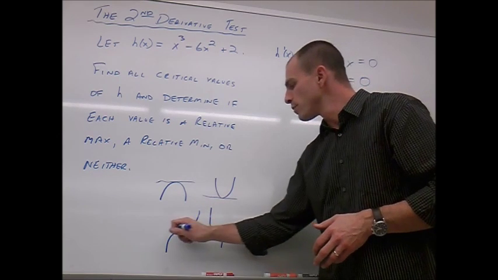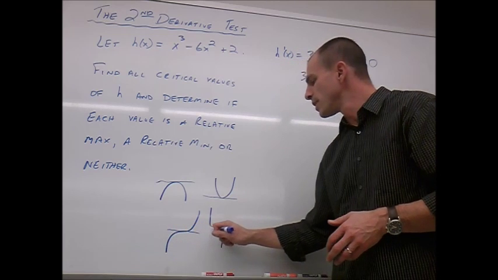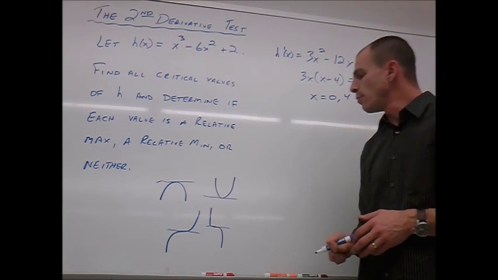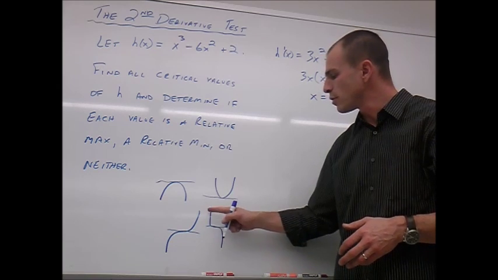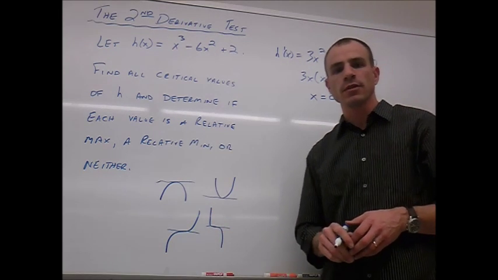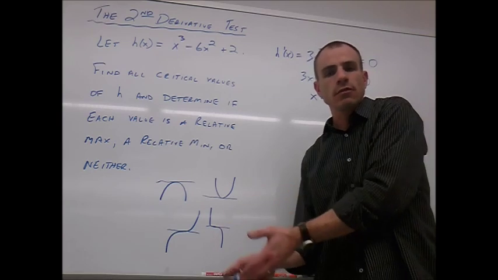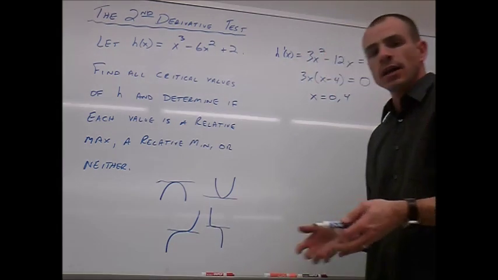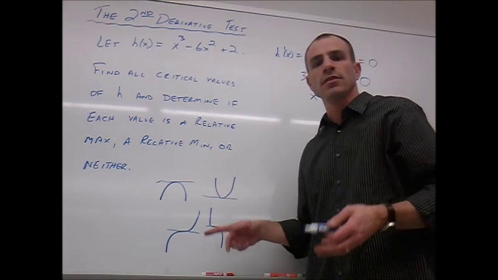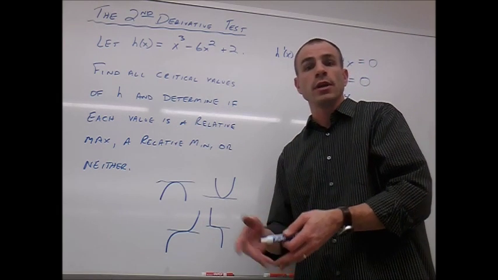But basically, in both cases, we have a horizontal tangent line just for a moment, but the function was increasing before and increasing afterwards, or decreasing before and decreasing afterwards. And in both of those cases, we have neither a max nor a min, just a horizontal tangent line. It's a critical number, nothing happens there. Classic example of this is the function y equals x cubed.